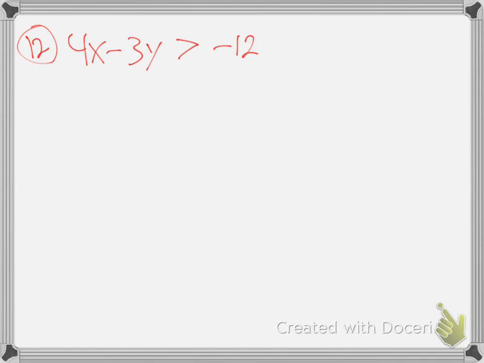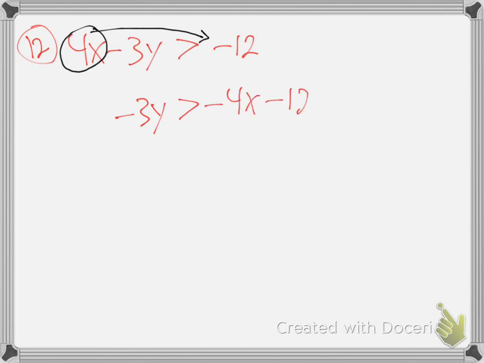Becomes a negative 4x. We good so far? We good to there? So see how I jumped that over?